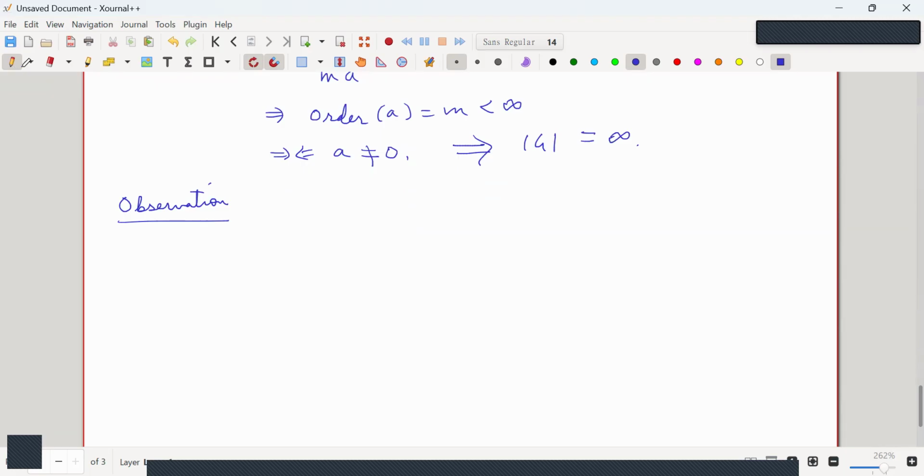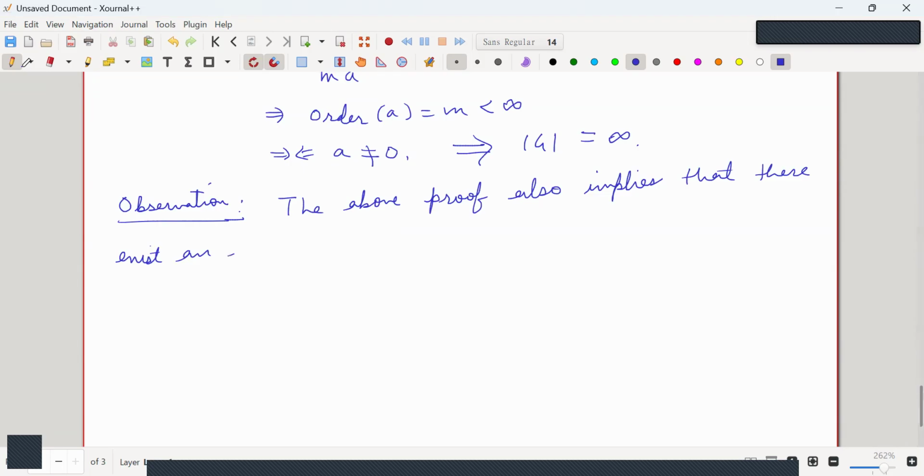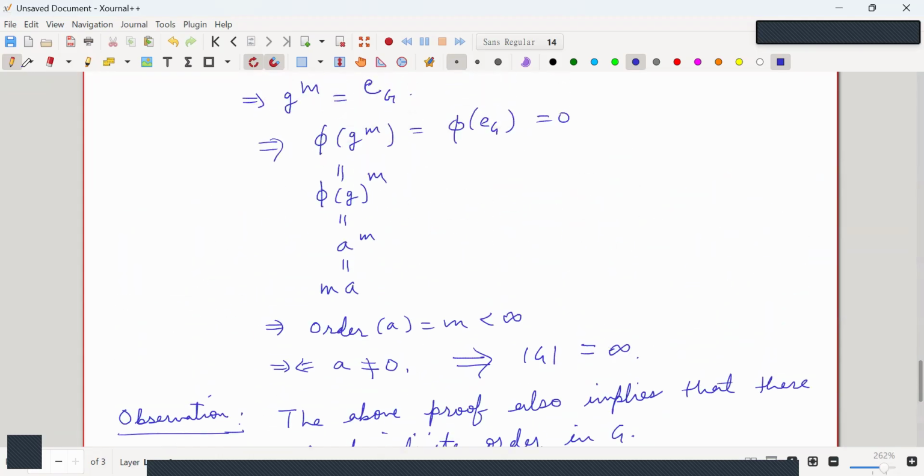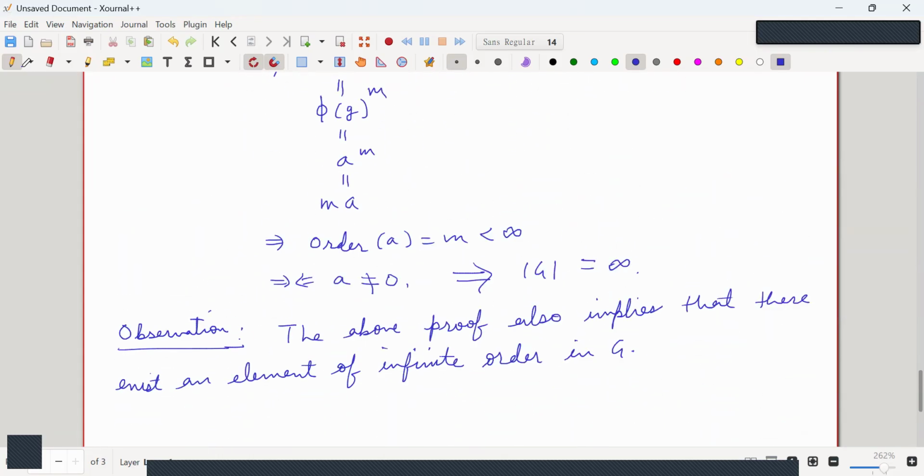Now the observation is that the above proof also implies that there exists an element of infinite order in G. Not just do we conclude that G is infinite, but by the same process we can also conclude that there exists an element of infinite order in G.